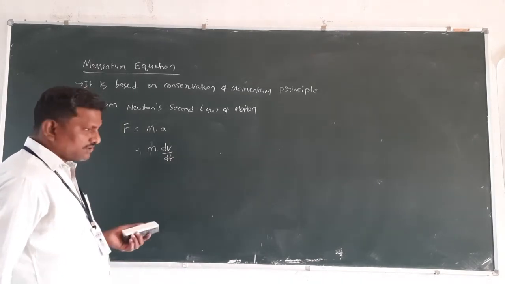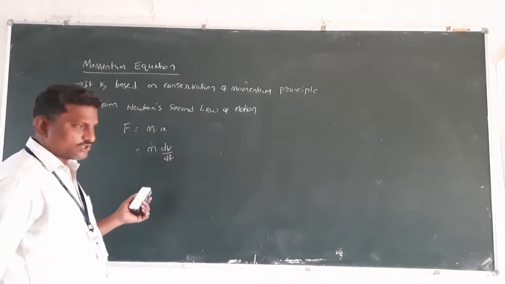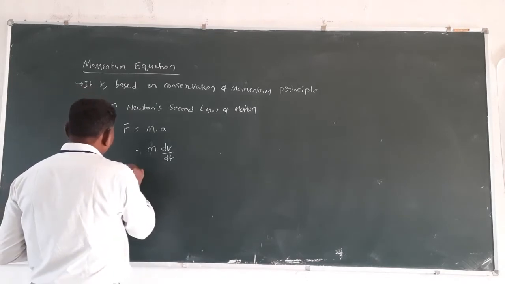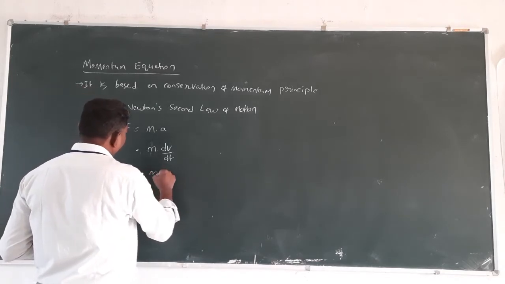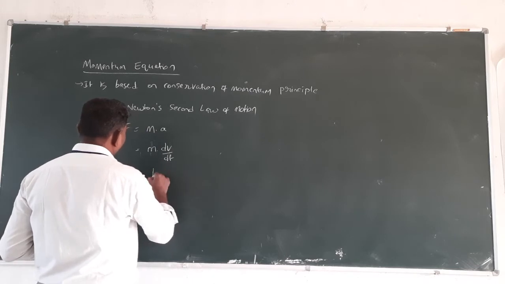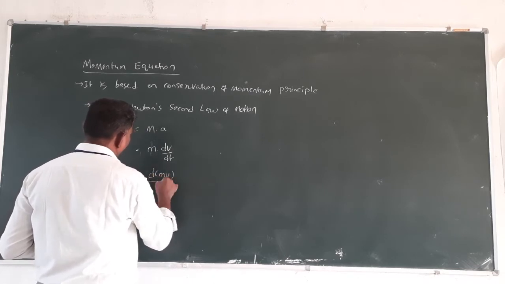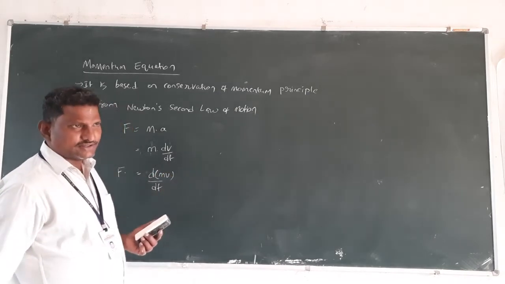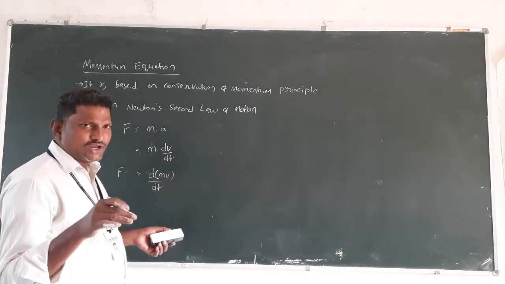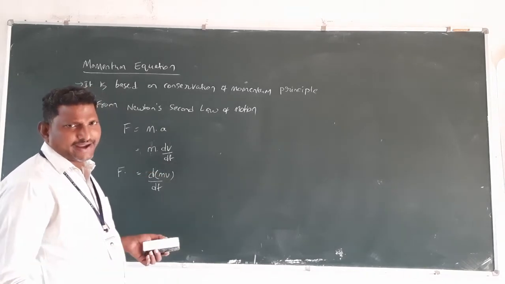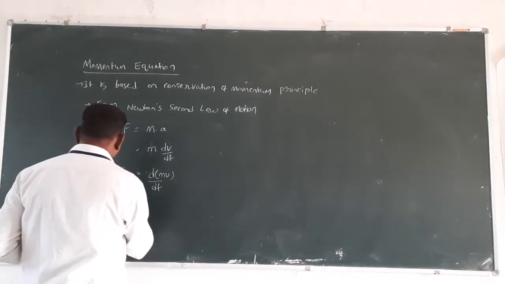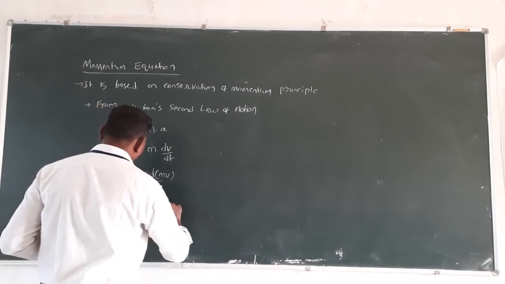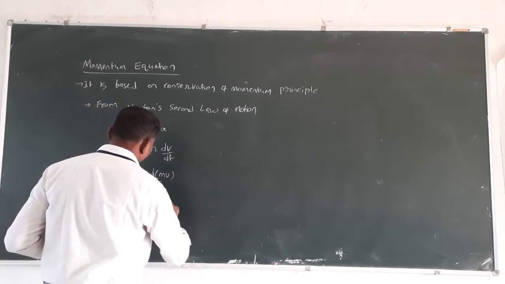The rate of change of velocity is nothing but acceleration. So by using F is equal to m into a, we can write d(mv) by dt. Since m is a constant, we can take this constant into the differentiation bracket. By cross multiplication, we can write F dt is equal to d(mv).